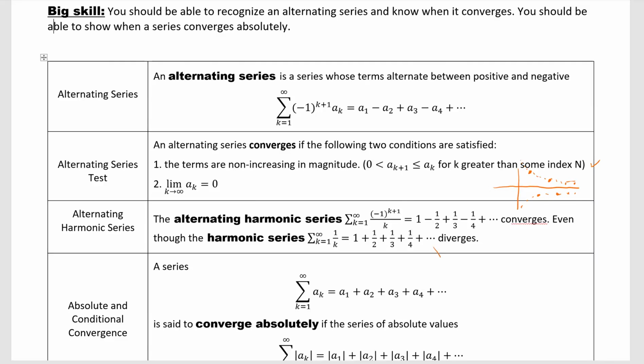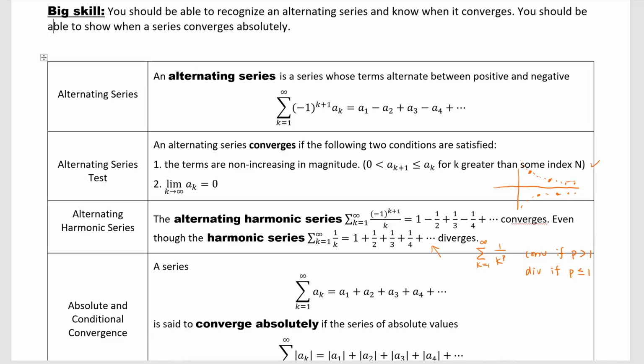Why does the harmonic series diverge? If you remember the p-test, this converges if p is greater than 1, and it diverges if p is less than or equal to 1. When p equals 1, that's the harmonic series, so we know it diverges.